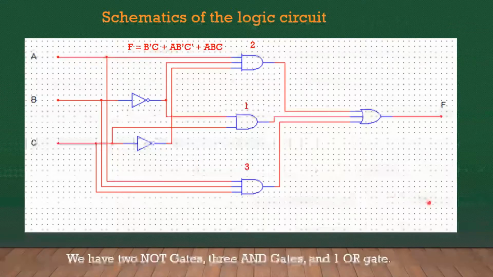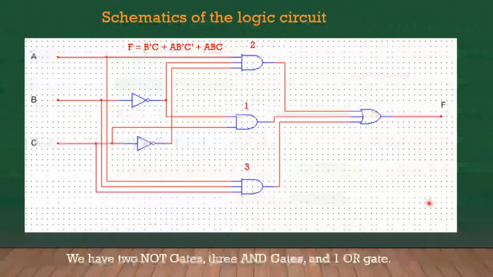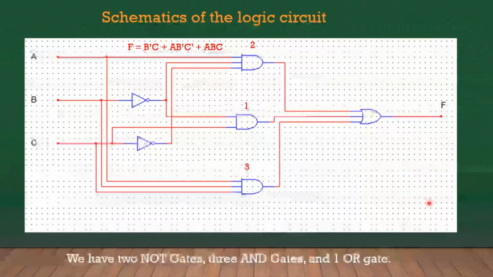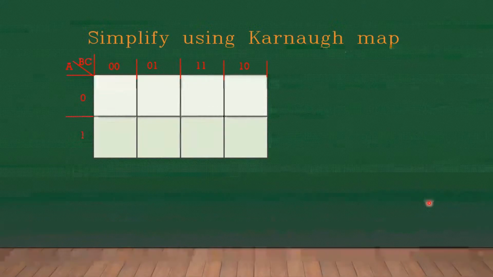Now let us also see simplifying with the Karnaugh map. Let's draw the Karnaugh map table, group the ones, and derive the simplest form from that. This is a Karnaugh map table.